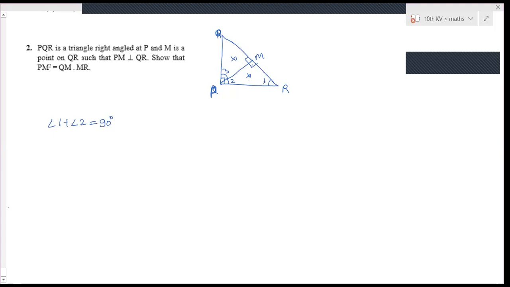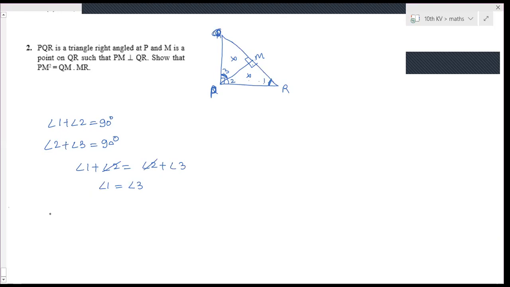And angle 2 plus angle 3 is also 90. So 1 plus 2 is equal to 2 plus 3. 2 gets cancelled, so angle 1 is equal to angle 3. So angle 1 of one triangle is equal to angle 3 of the second triangle, and the two 90 degree angles are equal. So by AA criteria, these two triangles are similar.